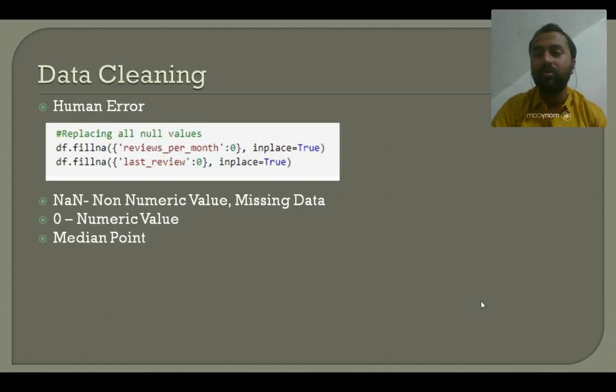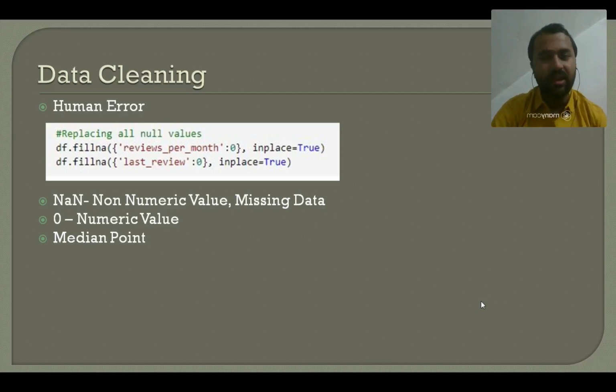Next, what I did was data cleaning. Talking about human error, while making the data set, they may have entered wrong values. So I replaced all the NaN values, because some NaN values, non-numerical values, are there, which means missing data is present.